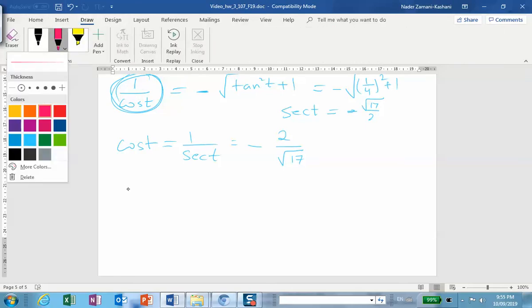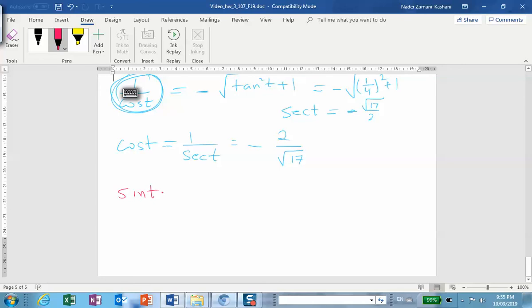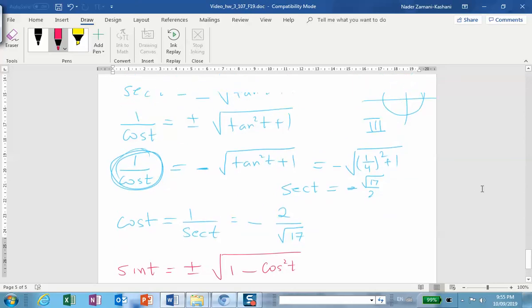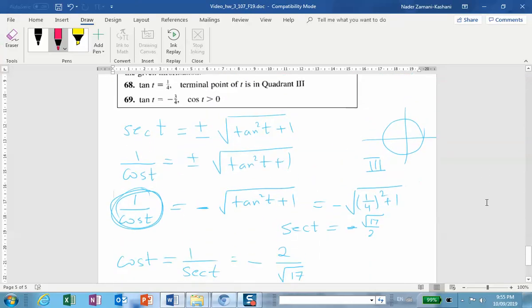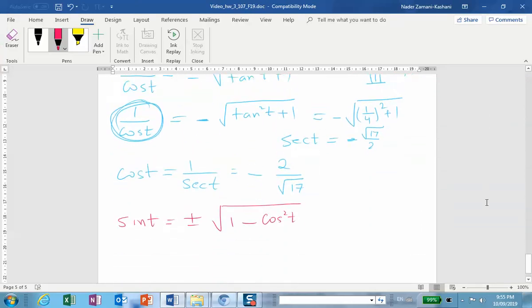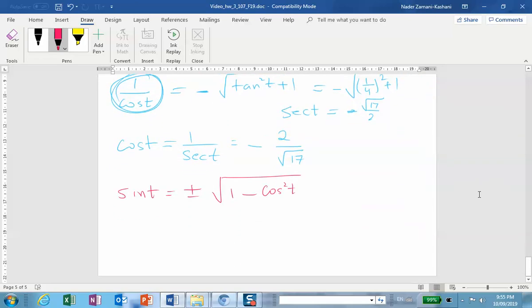Now, sine of t is equal to plus or minus the square root of 1 minus cosine squared t. But notice that we are in quadrant 3. If you are in quadrant 3, your sine is negative. So do not take the positive one; take the negative root of 1 minus cosine squared t. And plug it in.